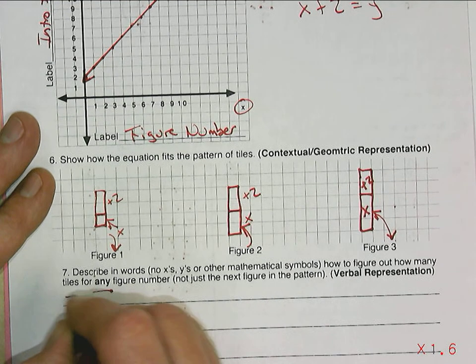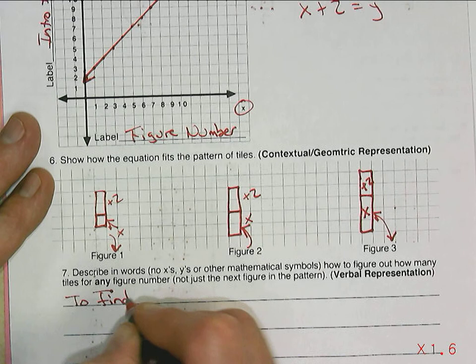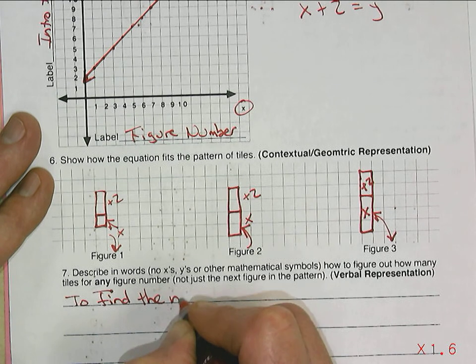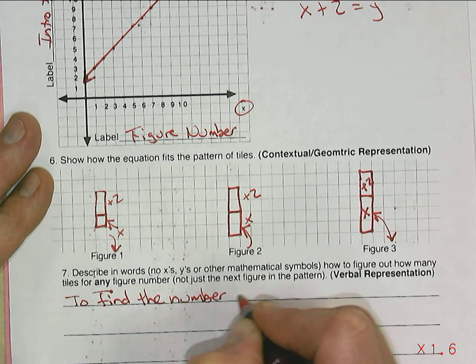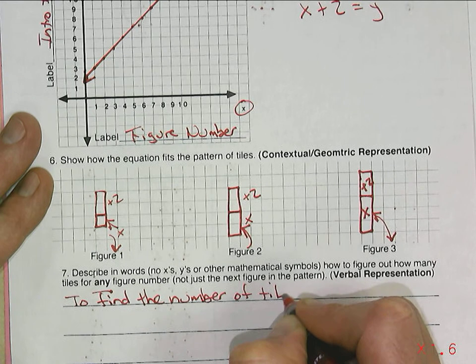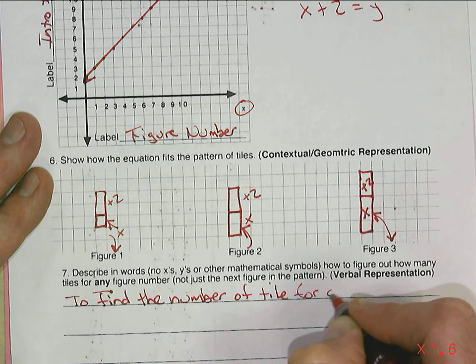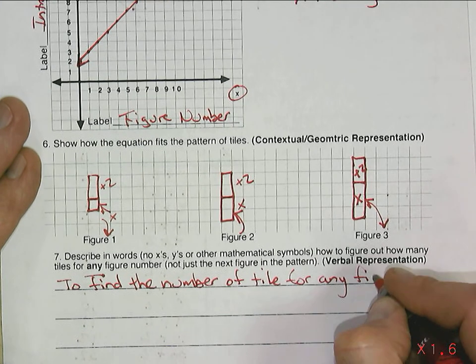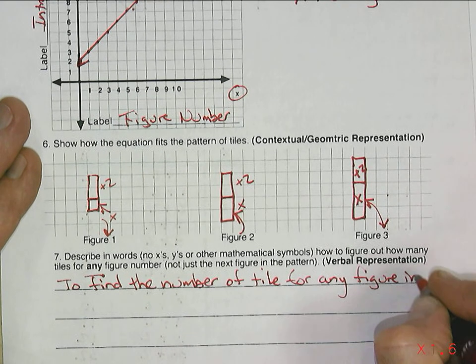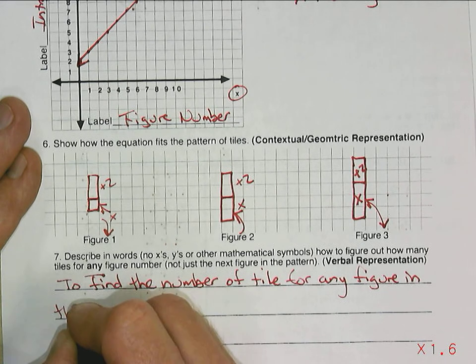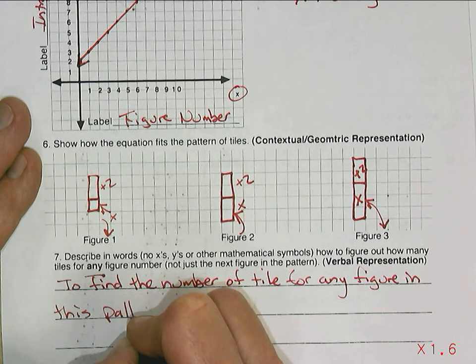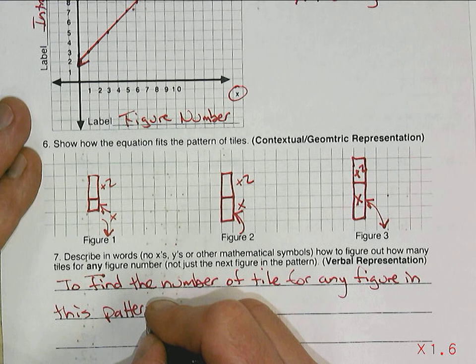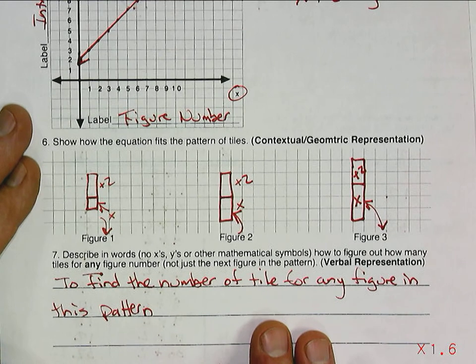I'm going to say to find the number of tiles for any figure in this pattern. Then I'm going to really go back to my equation. What does my equation say?